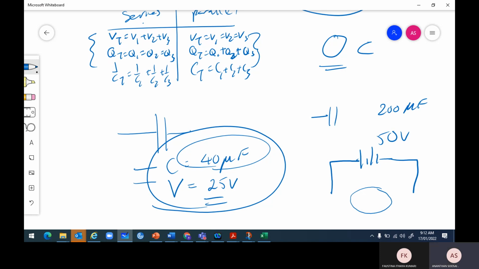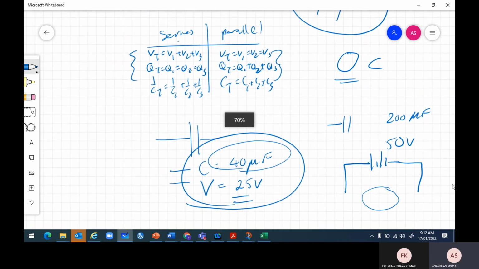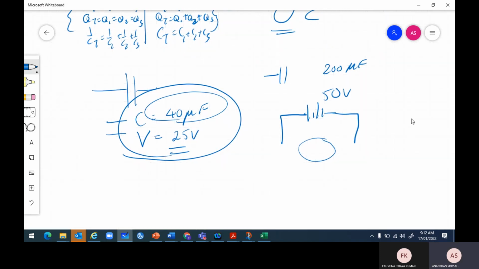So how many in series? 5 in series, as long as it never exceeds 25 volt. You put 5 in series, each going to get less than 25 volt, right? So it won't explode. You must connect in such a way that it never explodes, and at the same time the total capacitance is 200 microfarad.